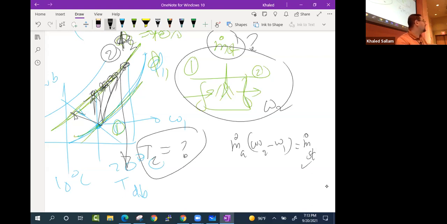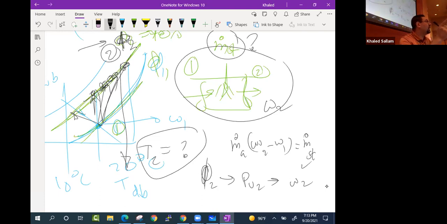It's still the same problem, but it's written such that you just want phi2 equals 70%. That complicated things a little bit. Why? Because phi2, how is it related to W2? Well, phi2 is related to Pv2, and Pv2 is related to W2. Remember the equation between omega and P vapor? What is that equation?